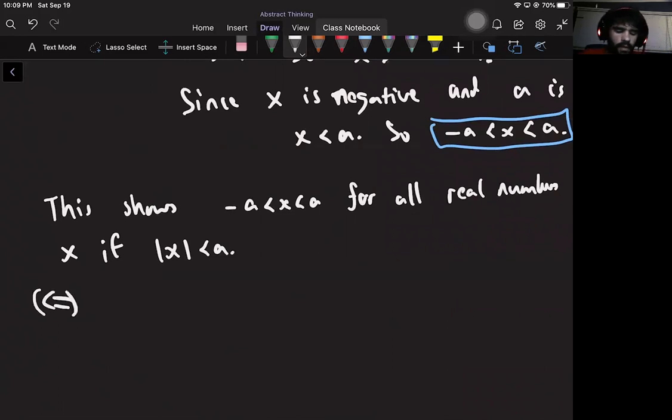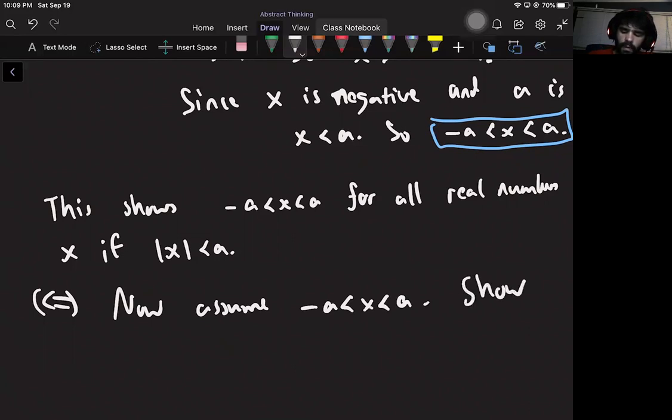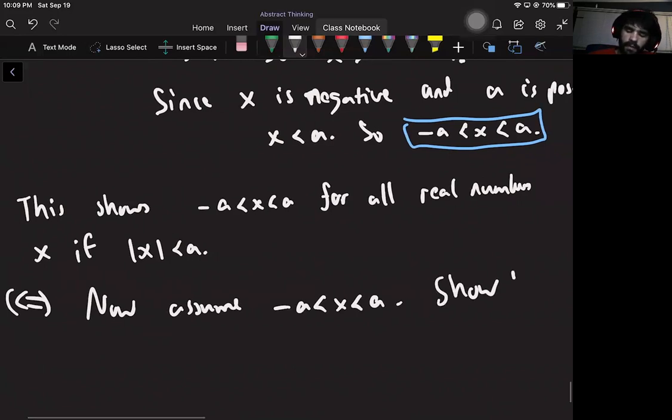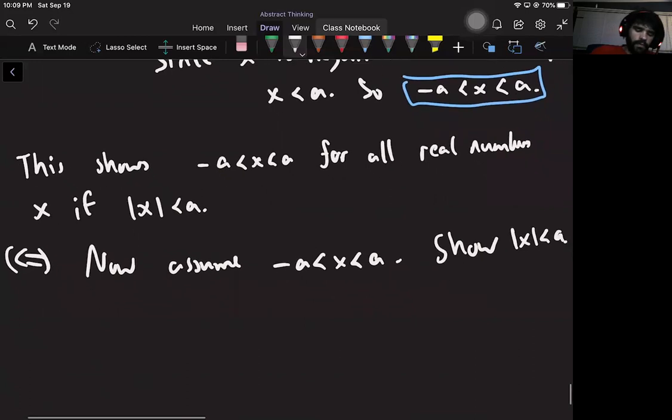Okay, so the reverse direction now: I'm going to assume that negative A and A trap X, and I'm going to show that the absolute value of X is less than A. That's the reverse direction. And again, I'm just going to do cases.